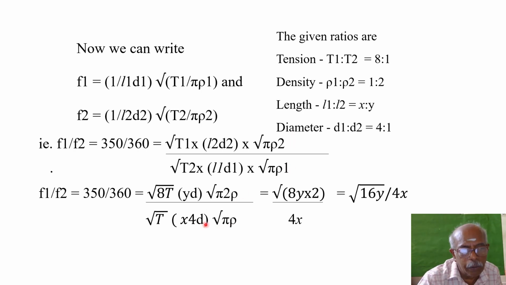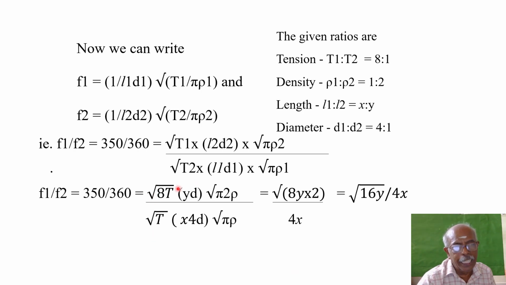So it is square root of 8T divided by x into 4D divided by square root of pi rho. These are all for the first wire. And for the second wire, square root of T, y into D, square root of pi into 2 rho. So these are for the second wire.